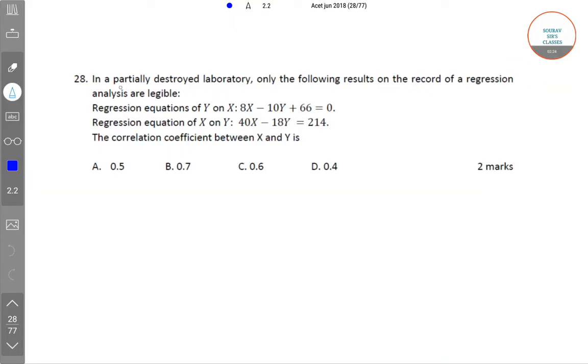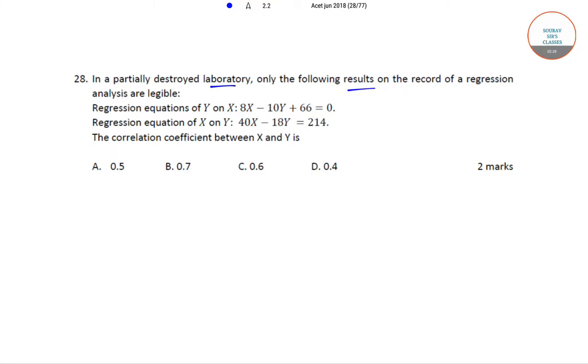The next question is, in a partially destroyed laboratory, only the following results on the record of a regression analysis are legible. Regression equation of y on x is 8x minus 10y plus 66 equals 0, and regression equation of x on y is 40x minus 18y equals 214. Then the correlation coefficient between x and y is.